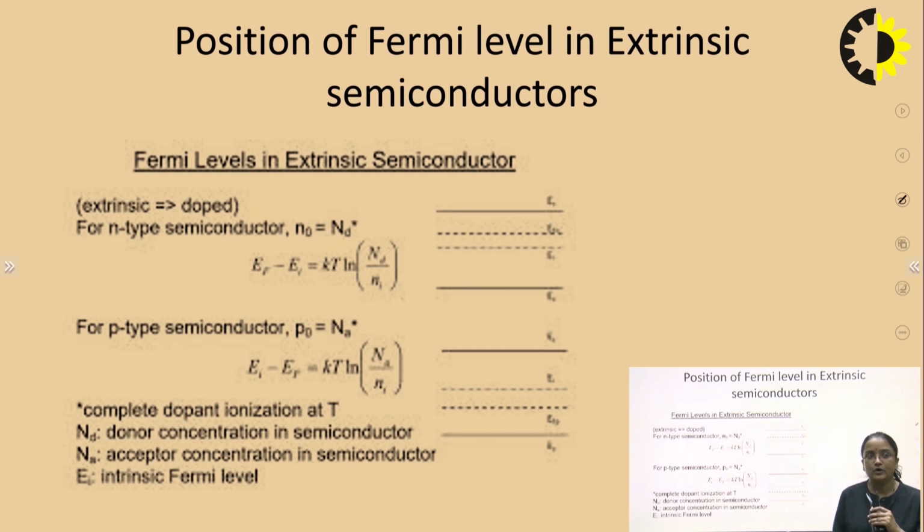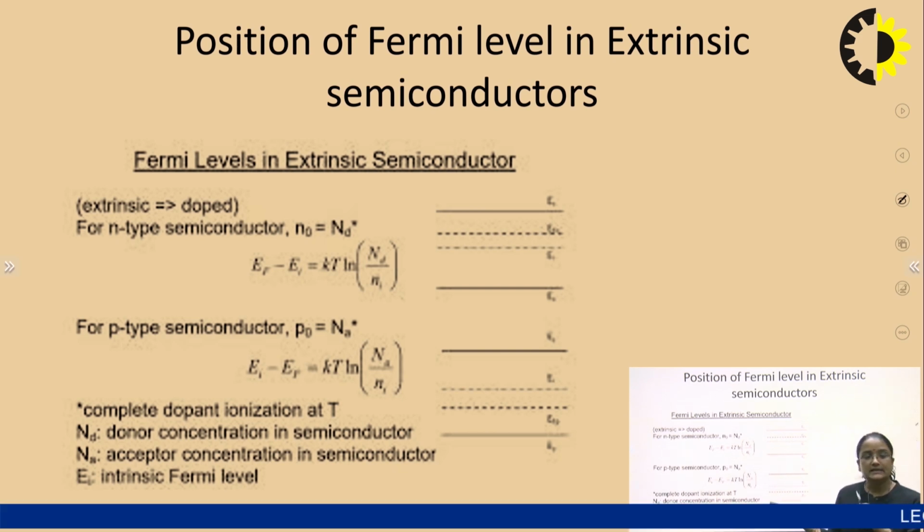Similarly for the P type, the equation we get is EI minus EF. Particularly for the N type, we get it as KT log ND over NI.